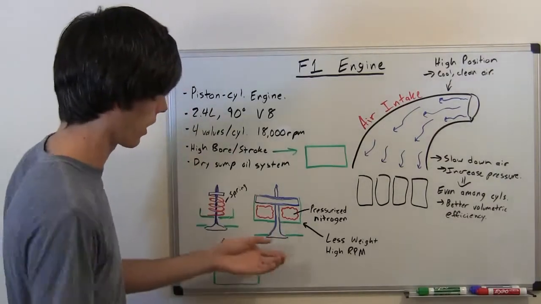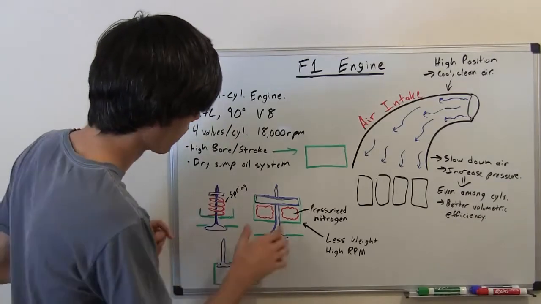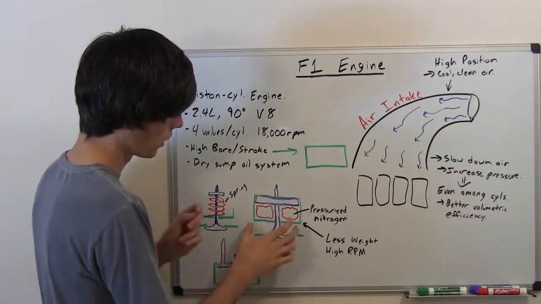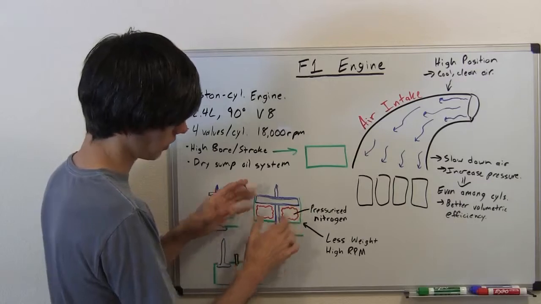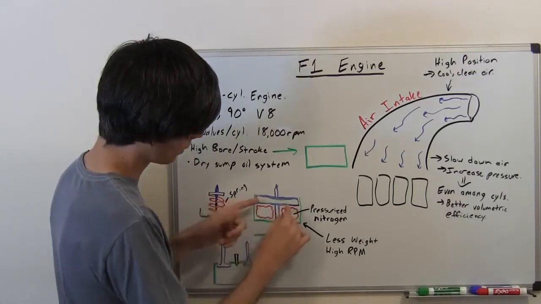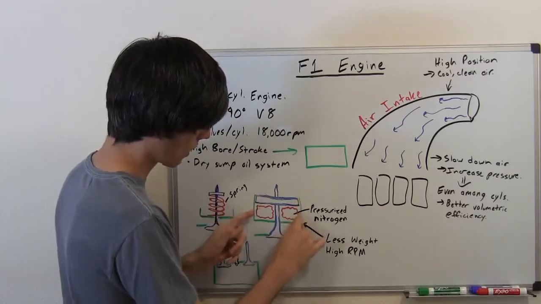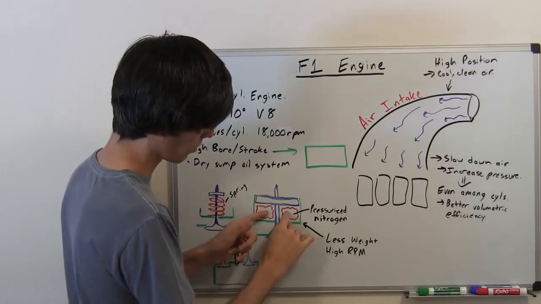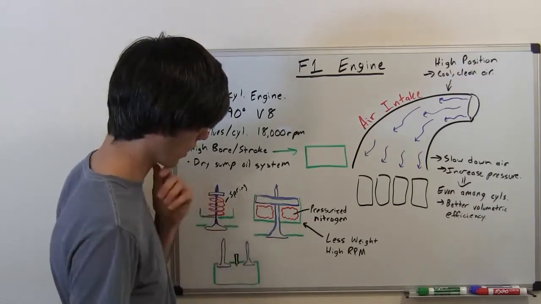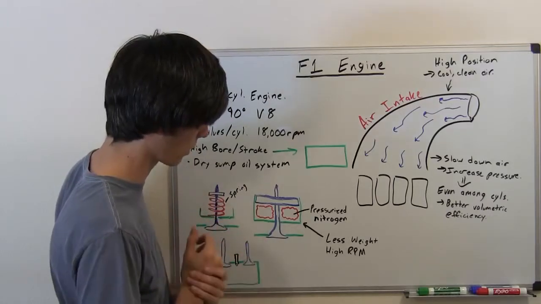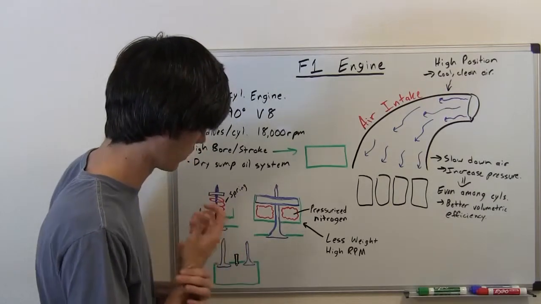So, okay, pneumatic, air pressure, so what's going on with that? Instead of a spring, you have sort of a piston cylinder device. This piston is attached to the valve, and then you've got the cylinder here, which is full of pressurized nitrogen. Nitrogen because it keeps its pressure fairly constant with differences in temperature.